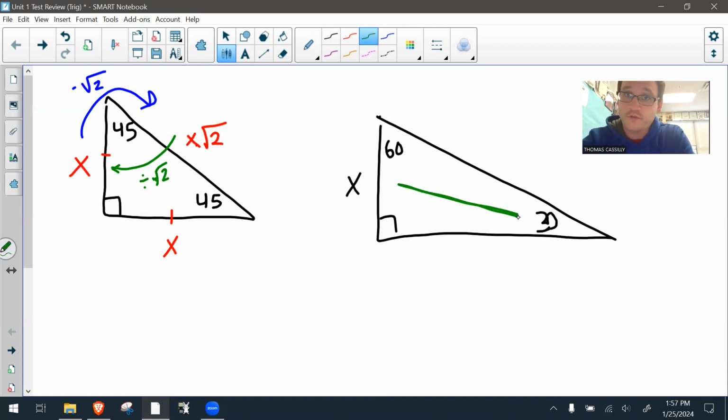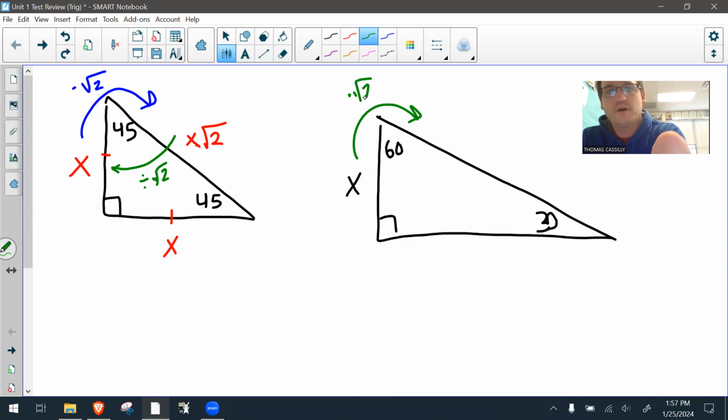Smallest side across from the smallest angle. Now, I'm going to call the smallest side just x. To go from the smallest side to the hypotenuse, all we had to do was multiply by a normal 2. Right? So this is just 2x.